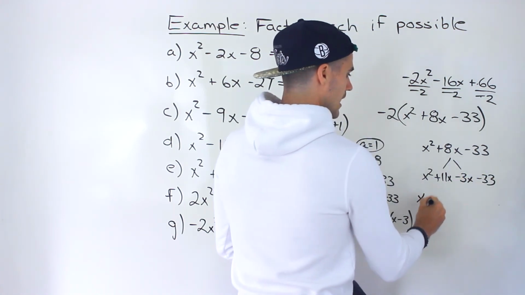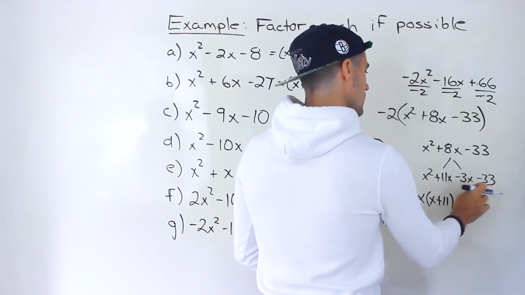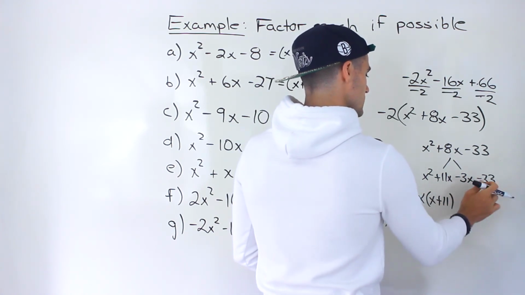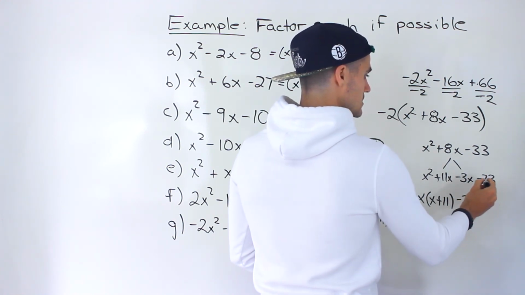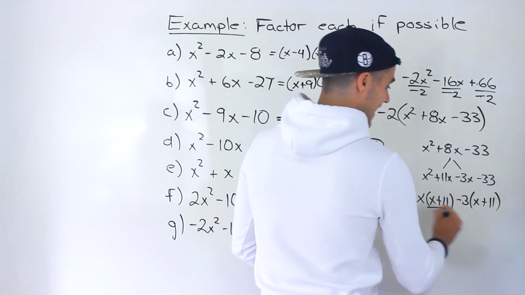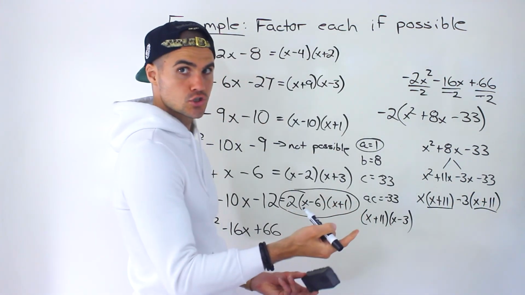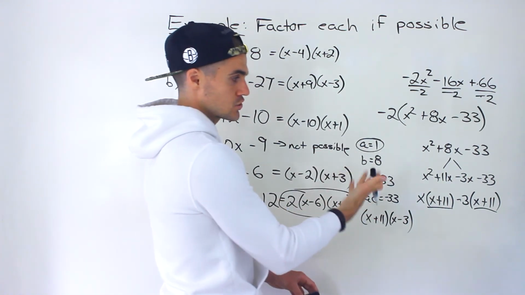From these two, we could take out an x. Then from these two, we could take out, there's a negative here, and then a 3 goes into the 33 as well. So we could take out a -3, and we'd be left with x. -33 divided by -3 gives us positive 11. As expected, these brackets should be the same. They should always be the same. It's actually a nice check in the process to make sure you're on the right track.